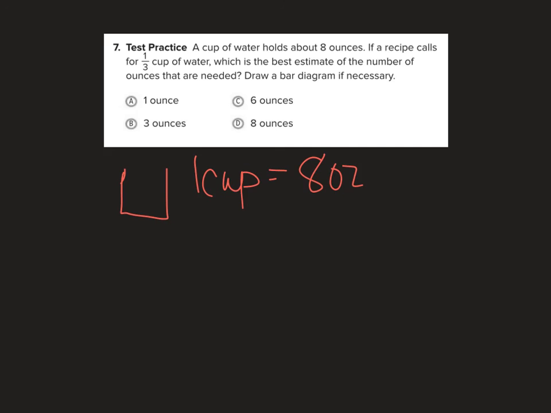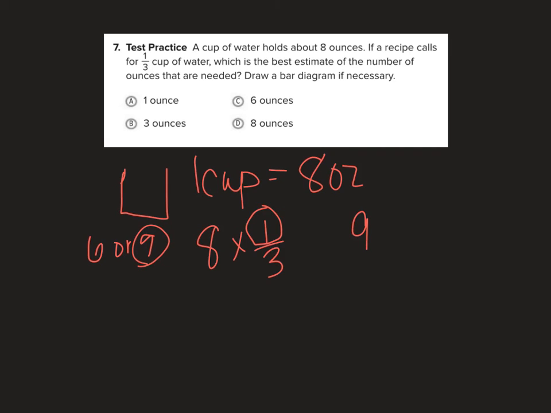Okay, so I know that I'm trying to do 8 times 1/3, right? So if I do 8 times 1/3, I know that 3 does not go into 8. My numerator is 1, so I'm going to use those compatible numbers. So 3, 6, 9. So I'm either going to choose 6 or 9. 9's closer.